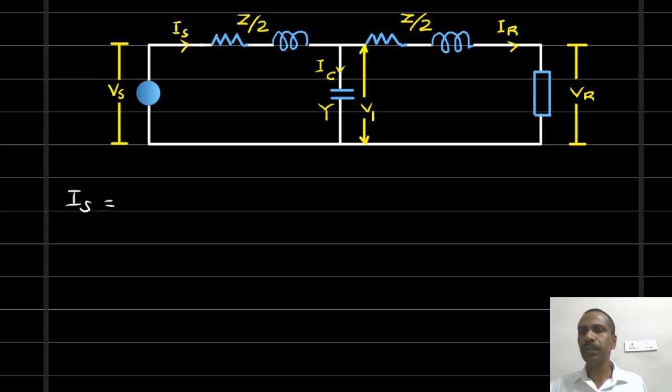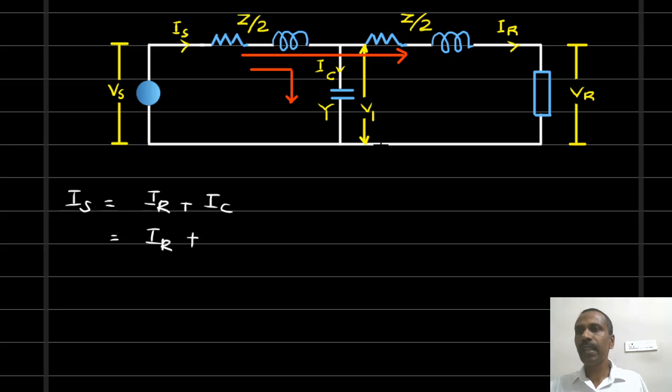Is equals, a part of Is flows as IR and a part of Is flows as IC. So we can write Is equals IR plus IC.